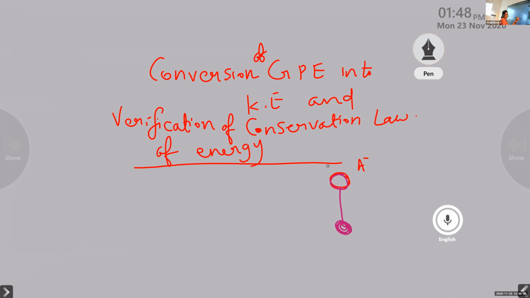An object O falls from position A, then it comes to B, then it comes to C. We are just considering an object falling. We give the object the name O. First its position was A, and then it comes to B, and then to C.